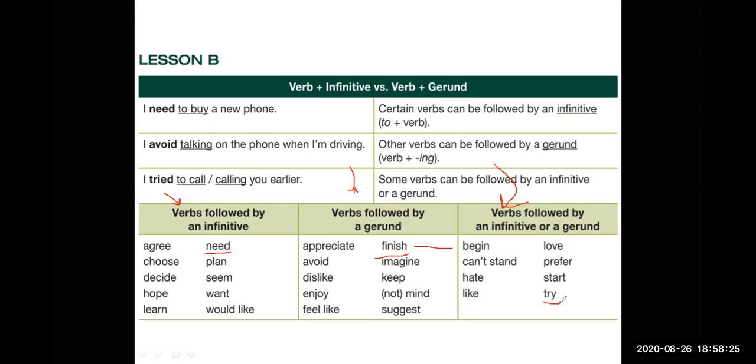Or I can say, I try to pass my test. Okay, it doesn't matter. I can use a gerund or I can use an infinitive. Why? I don't know. That is English. That is the only reason I have. English is like that.